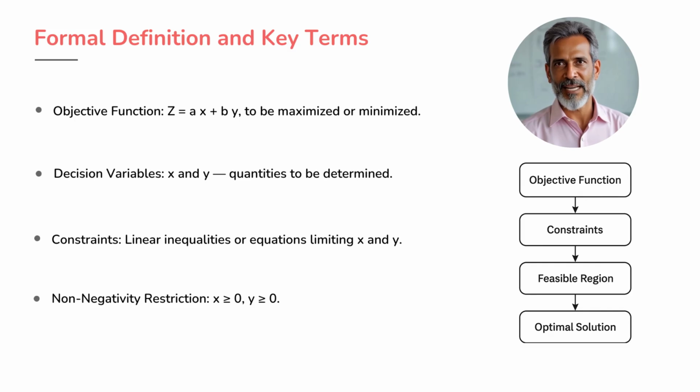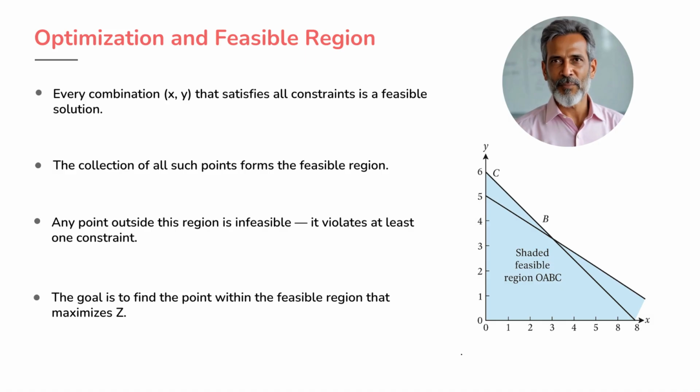The constraints are the linear inequalities, like 5x plus y less than or equal to 100 or x plus y less than or equal to 60. They represent limits such as money or space. And finally, we always include non-negativity restrictions, x greater than or equal to 0, y greater than or equal to 0, because negative items or resources don't make sense. So in short, linear programming is all about balancing the objective function with the constraints to find the best possible outcome.